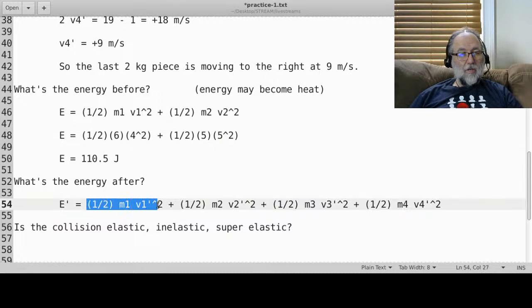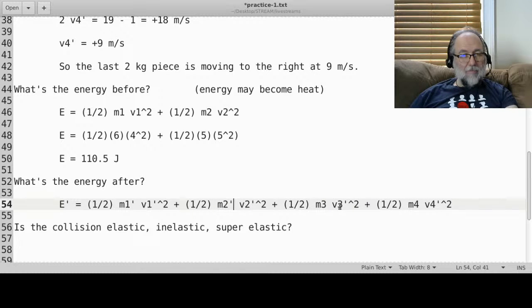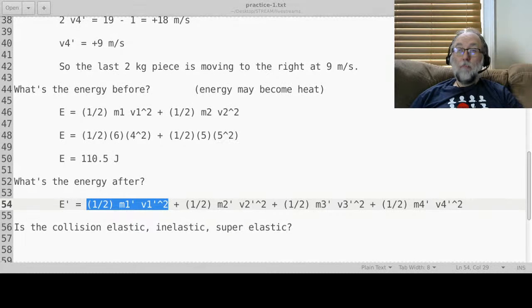So if you take a look here, this is 1/2. Oh, I should probably put primes on this, because these are the masses after the collision. So we have 1/2 m1 primed v1 primed squared. That could be the very first fragment after the collision.